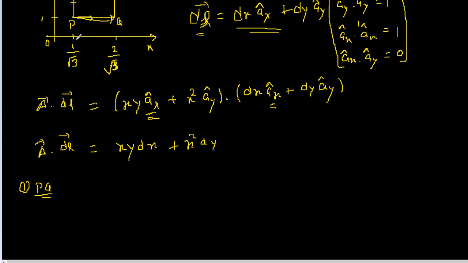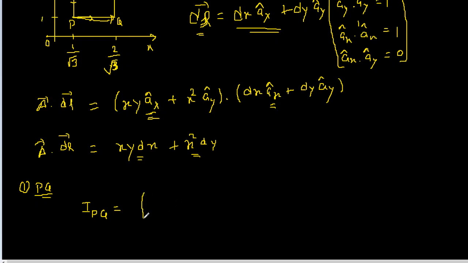Z stays constant, so we can neglect the y direction because the y coordinate is not changing, only x is changing here. So we can write it here the integral over PQ, whatever notation you want to use here.